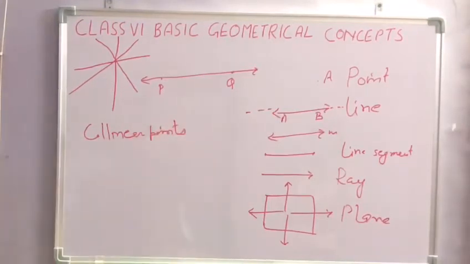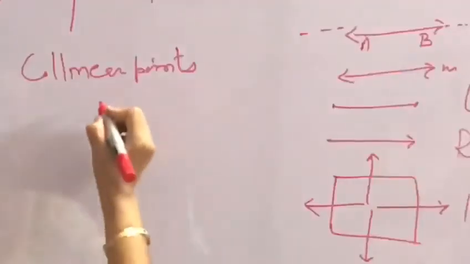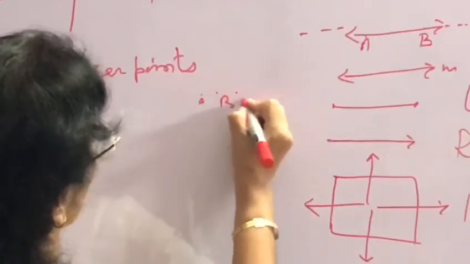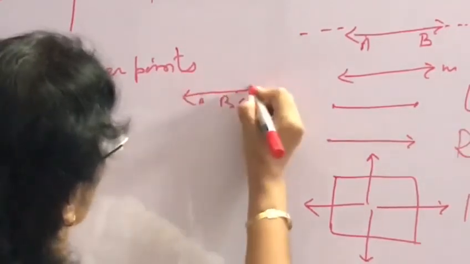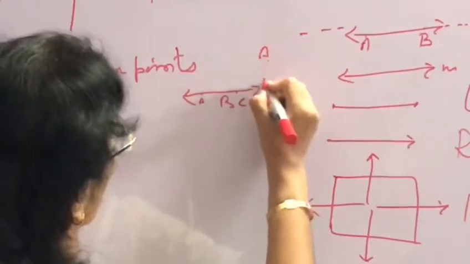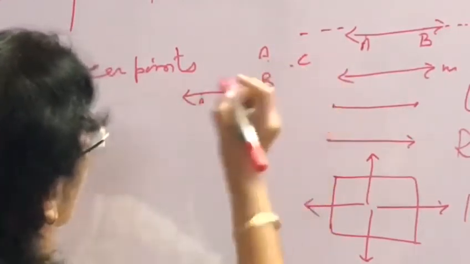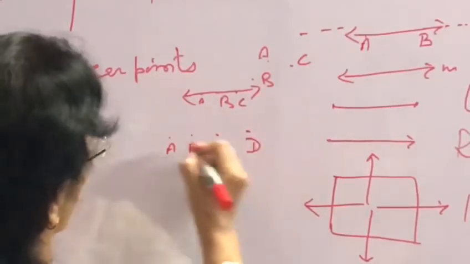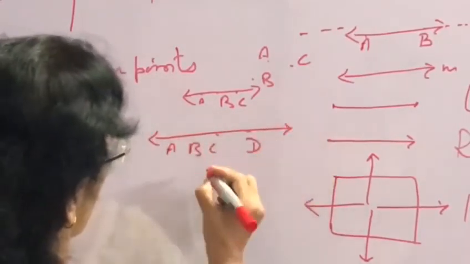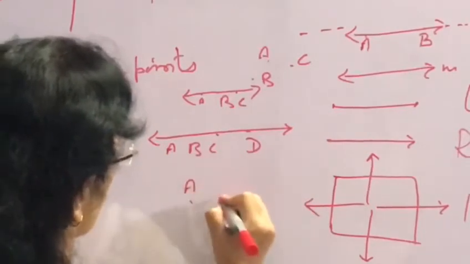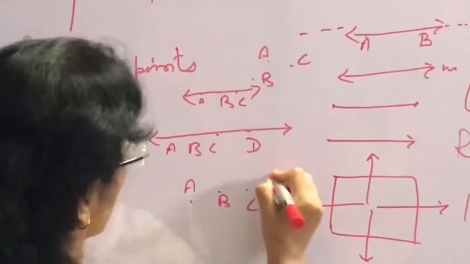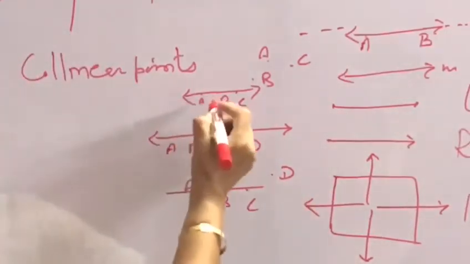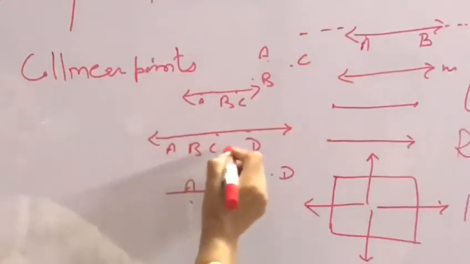Next is collinear points. Suppose ABC in this figure and ABCD in this figure.